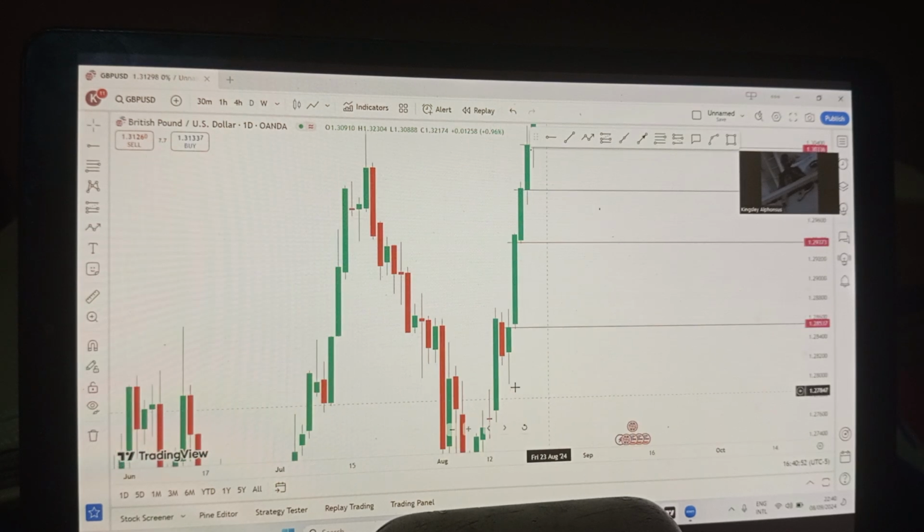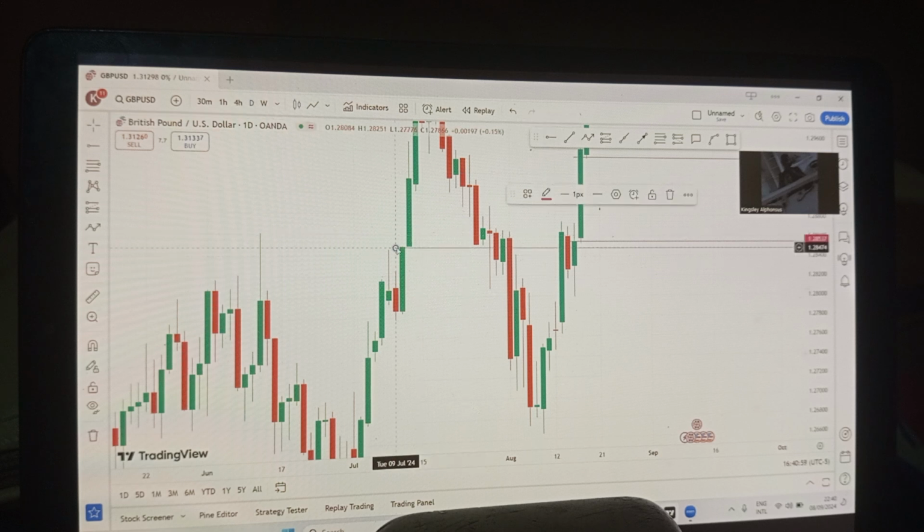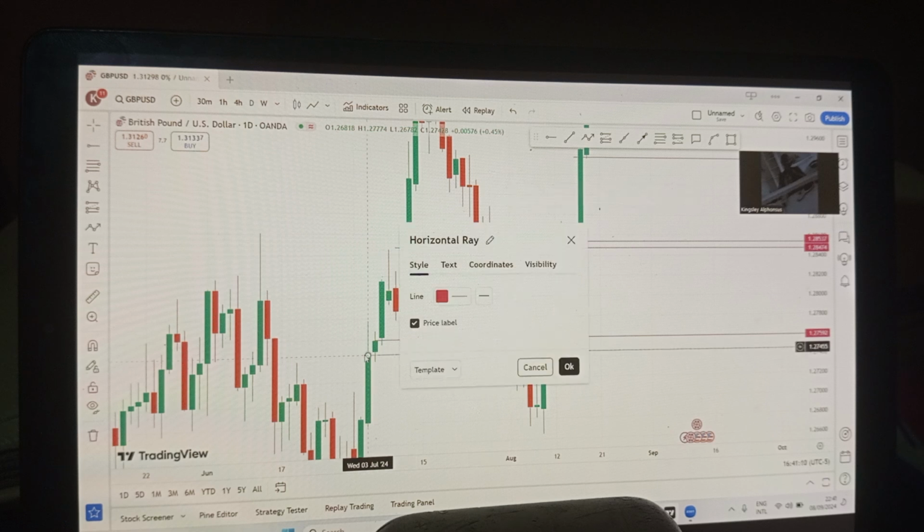Okay, let me show you some examples also. This is an open close candle. This is also an open close candle. This also is an open close candle.